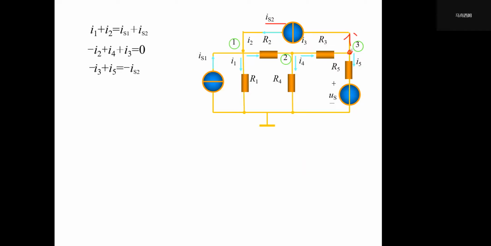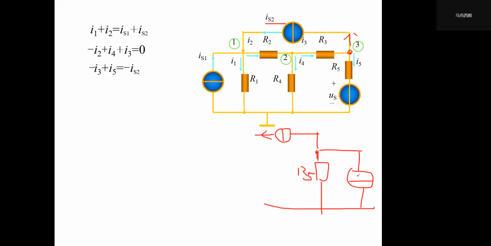So for this branch, node 3, we have a current source flowing out of it, and we also have an R5 resistor in parallel with a current source. The current source has a value of US over R5.